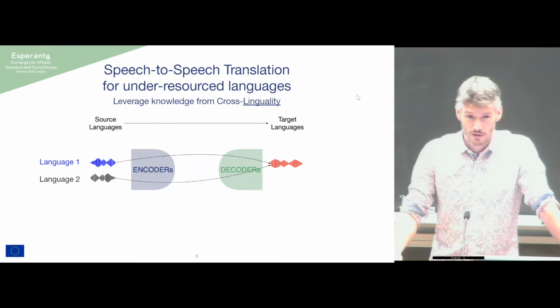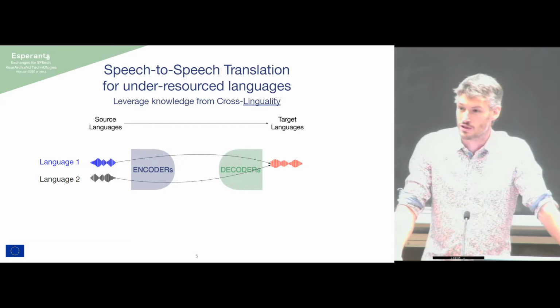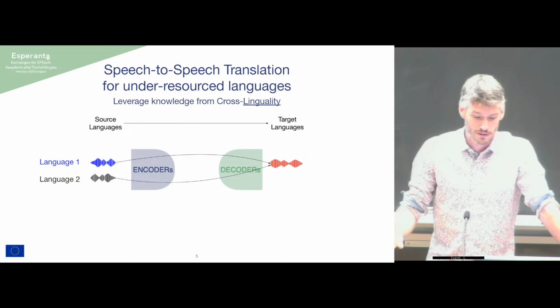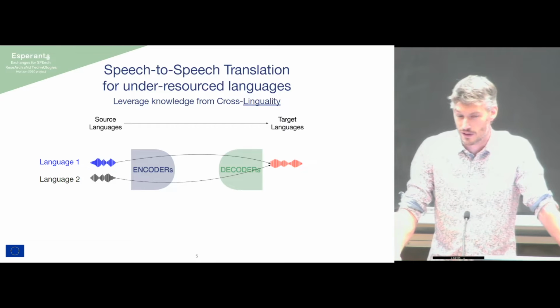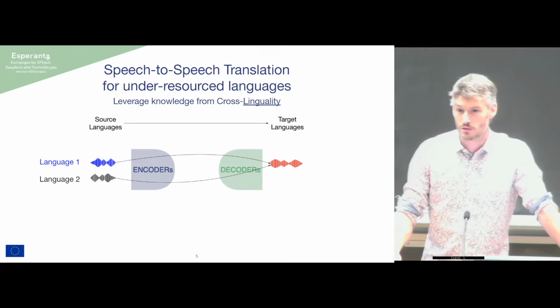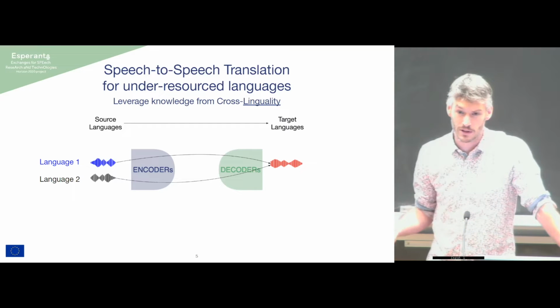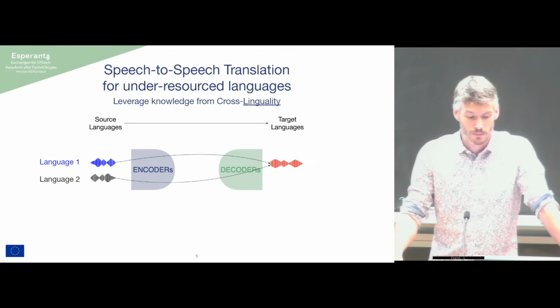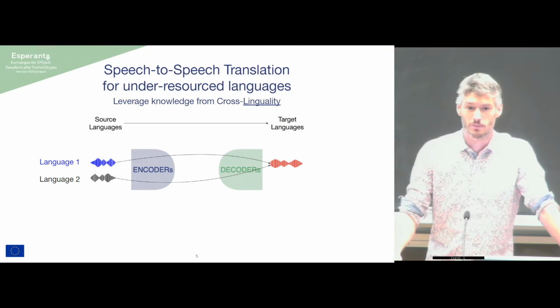Of course, the other direction you can take is also to leverage information from different languages. So on this picture, you have two source languages that you want to translate to the same target language. You can also have the other way. That means one language that you want to translate into many languages. So by using many languages, your system might be able to learn something about the structure of language.